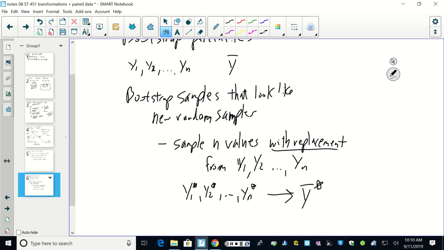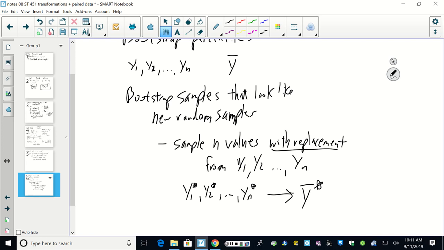We could omit some. And so it looks like our sample, because mostly we have values that we've already seen, but slightly perturbed. Some end up twice, 3 times, some were omitted. So it looks a little bit different, but very, very similar in a way.